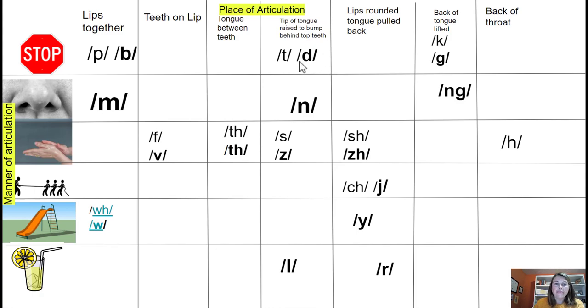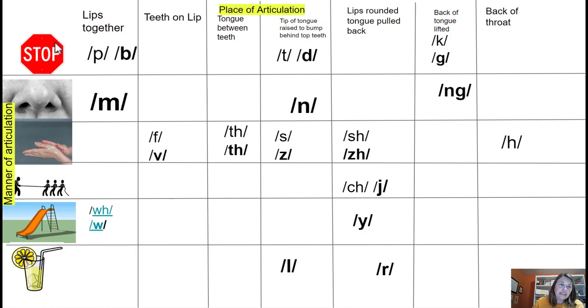So let's try this sound. D, d. I can feel it. I can also tell you it's much easier for the voiced sounds to be picked up on my microphone. So that's what it means when it's sharing a box and one is bolded and one isn't bolded. One is voiced and one isn't voiced.